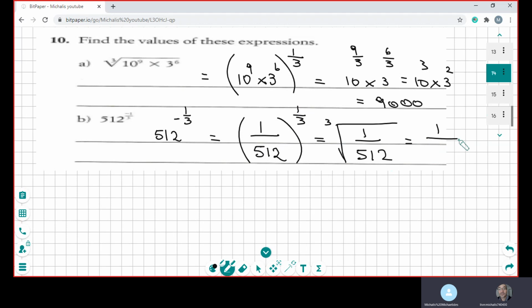And this gives you 1 over the cubic root of 512, and that is 8, isn't it? This is 1 over 8, because 8 to the power of 3 is equal to 512. And this completes this exercise.